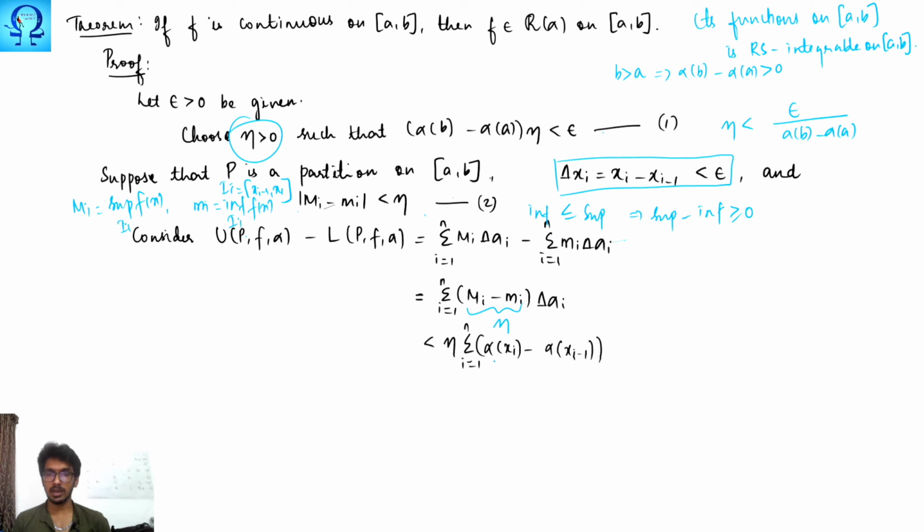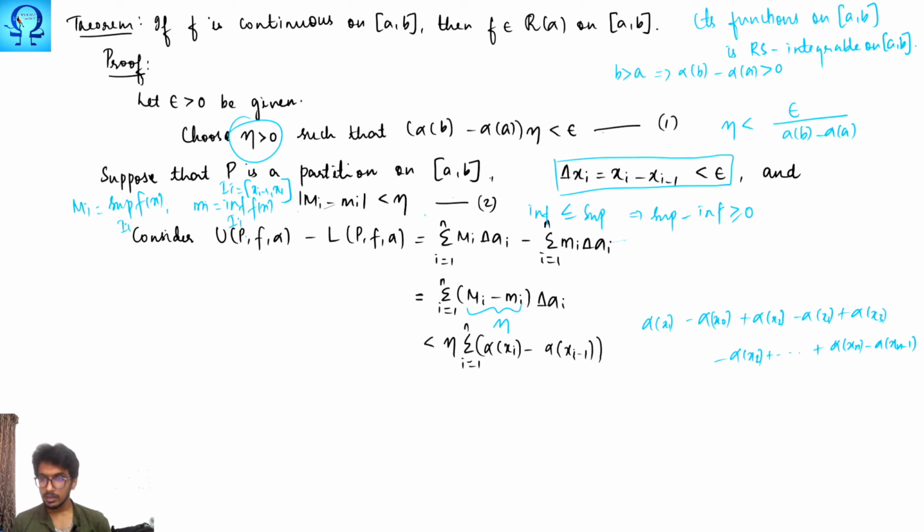When you start with i equal to 1, what are you going to get? Alpha of x1 minus alpha of x0, plus alpha of x2 minus alpha of x1, plus alpha of x3 minus alpha of x2, and at the last, alpha of xn minus alpha of x_{n-1}.